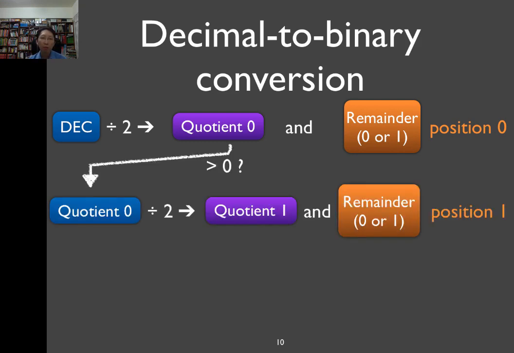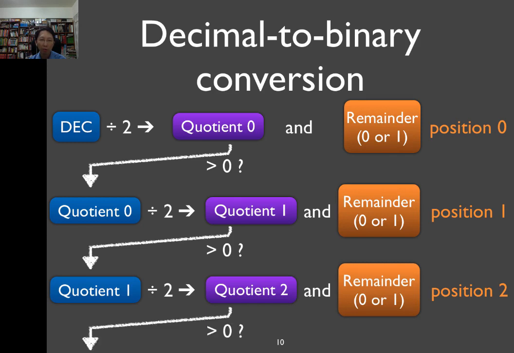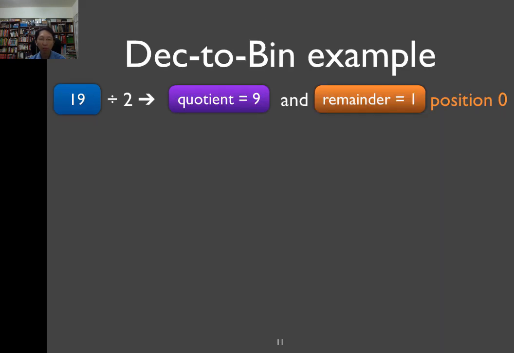And take the quotient. If it is still greater than 0, then we divide the quotient by 2, and the remainder will be the next bit. And continue this until we get the zero quotient. Let's see an example. 我们来看一个例子。19 in decimal.